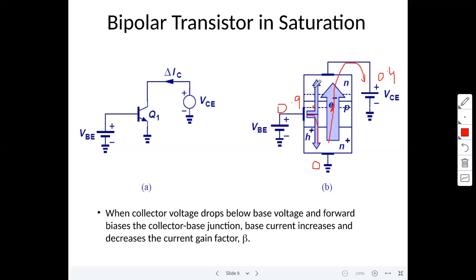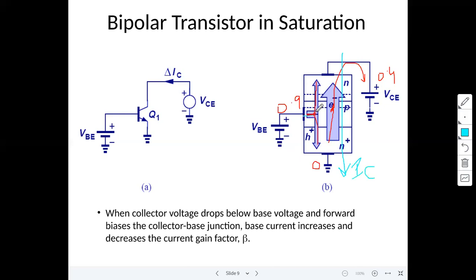Now observe the collector base junction, which is also forward biased, so holes are diffused. The conventional electron current is opposite here; this is the IC current.